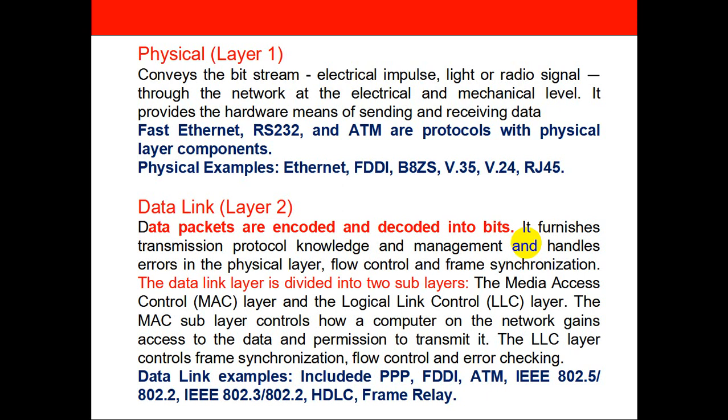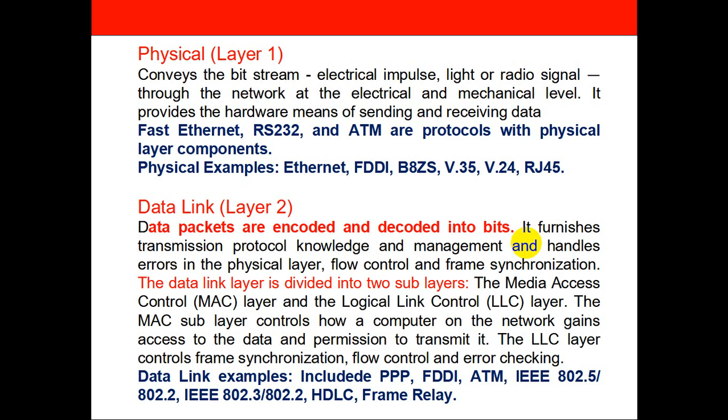Let's go a little bit deeper into each and every layer. Layer 1, which is the first layer, is also known as the physical layer. It conveys the bit stream, electrical impulses and radio signals through the network at the electrical and mechanical level.